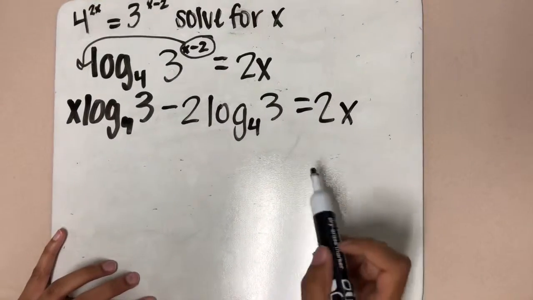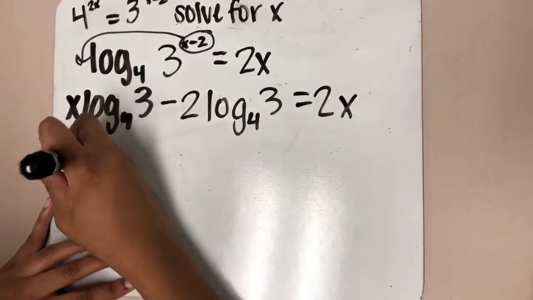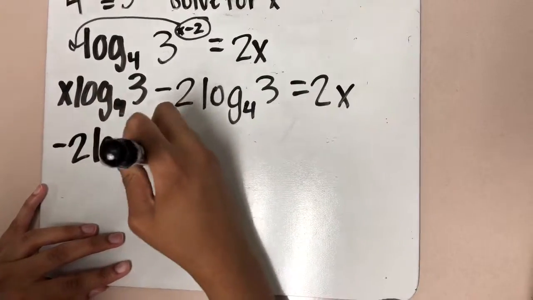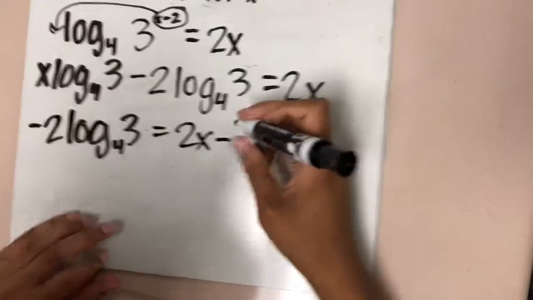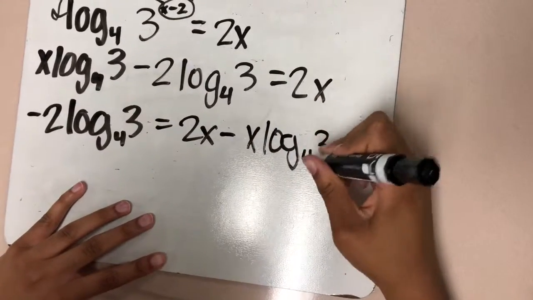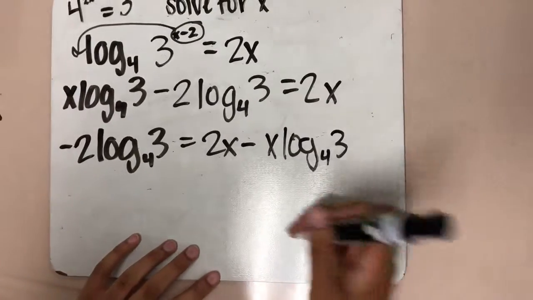Then you're going to want to move both the x's to one side, so it'll end up being negative 2 log of 3 base 4 equals 2x minus x log of 3 base 4. Then you're going to want to take out the x from both of these terms.